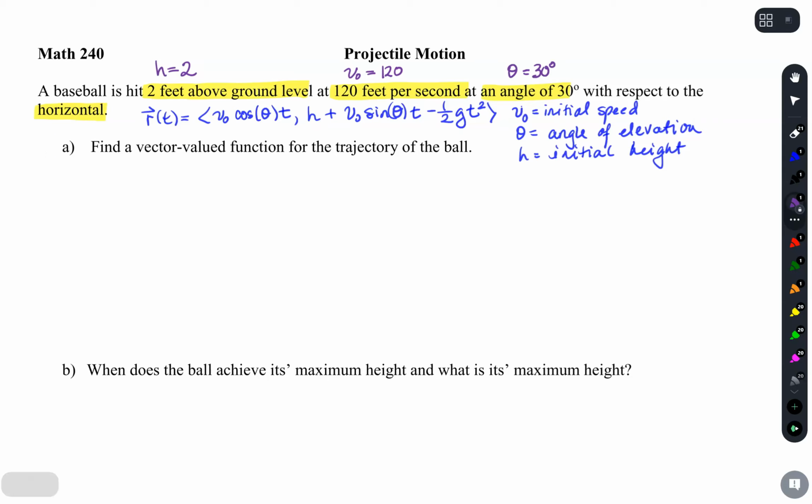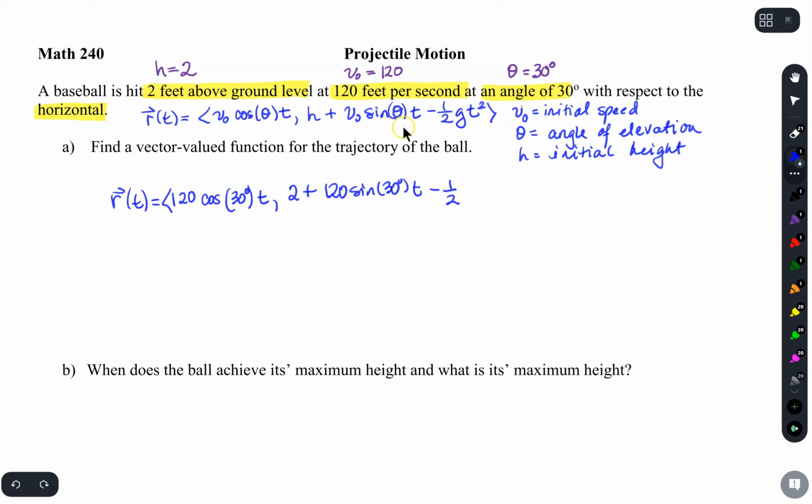So what we're going to do is we're going to go ahead and substitute those details into our vector-valued function and simplify any of the numerical quantities. So our vector-valued function r of t is going to be a vector with 120 cosine 30 degrees times t as our x component, and 2 plus 120 sine of 30 degrees t minus 1/2.